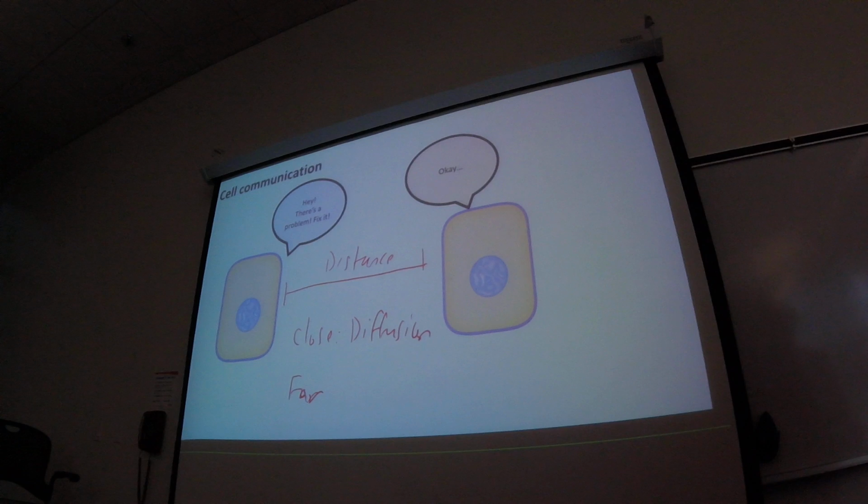Diffusion's way too slow. If I had to wait for a molecule to diffuse from my brain to my kidneys, that could take like a day, right? I could die by then, right? So you had to find some faster way. And so things that are far away, we would have to use the bloodstream. Now, keep in mind that there's still some diffusion at play here, but it's not the primary way of transport here.